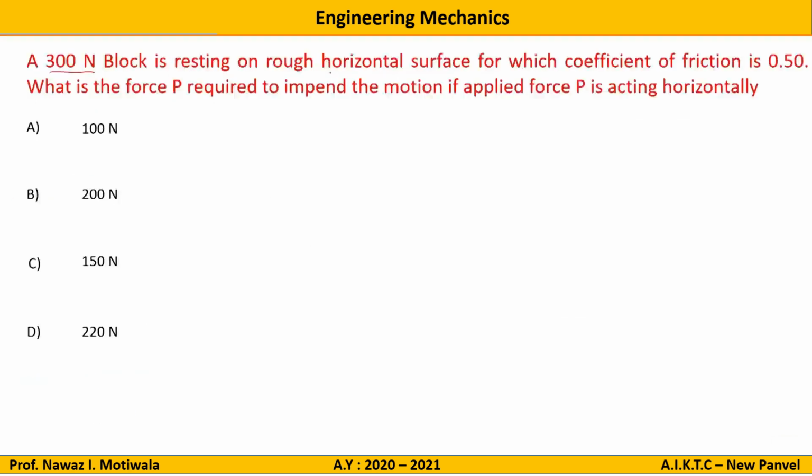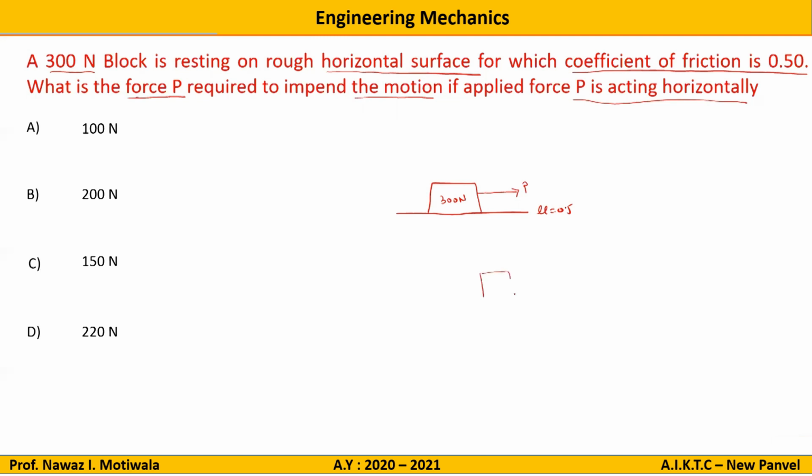A 300 Newton block is resting on a rough horizontal surface for which the coefficient of friction is 0.5. Find the force P required to start the motion if P is acting horizontally. So there is a block of 300 Newton resting on a surface with mu equal to 0.5, and we want the horizontal force P to start this motion.